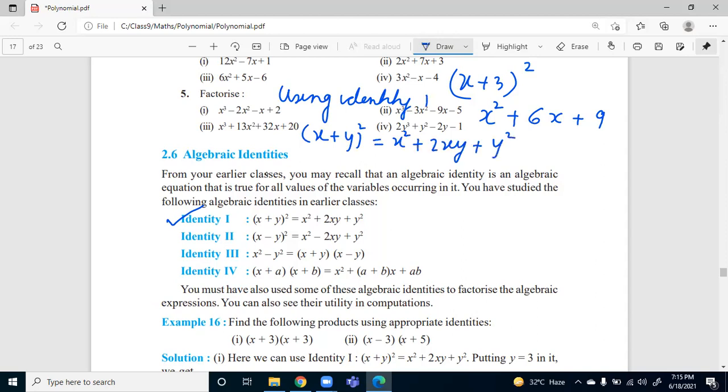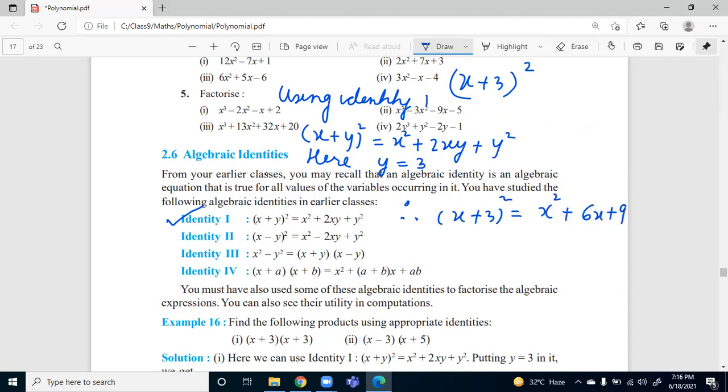And you should also write here y is equal to 3. In our case, the value of y is 3. Then you should write x square. Therefore, (x + 3) whole square is equal to x square plus 6x plus 9.